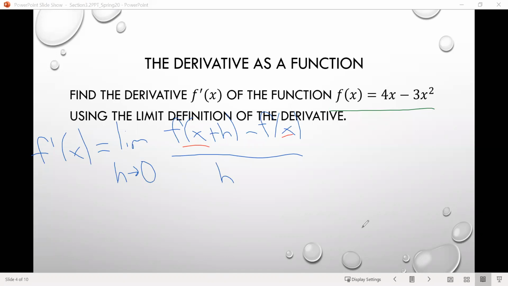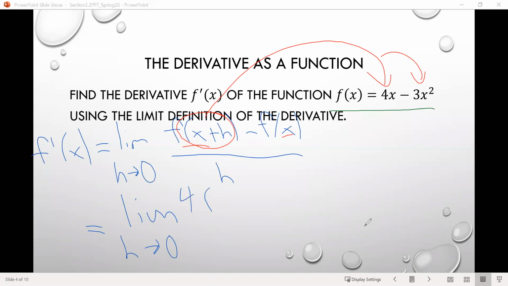So we plug those things into the function. So we'll have limit as h goes to 0. Well, f of x plus h means take x plus h and plug it in for x everywhere in the function up there. So we would now have 4 times x plus h minus 3 times x plus h squared minus, well, in that second one, we're just doing f of x, and f of x is just our function, right?